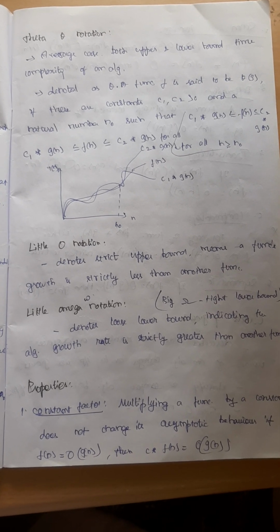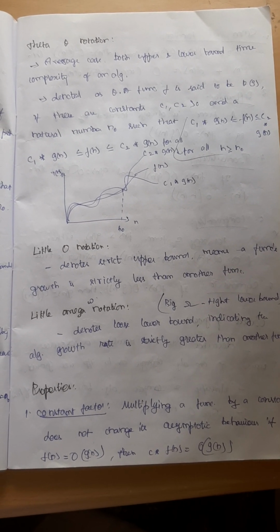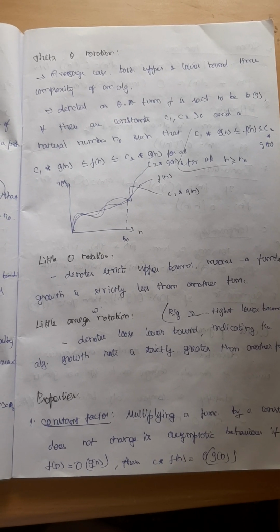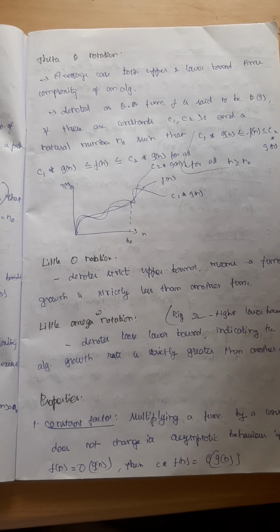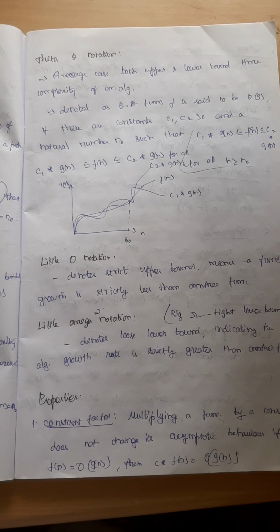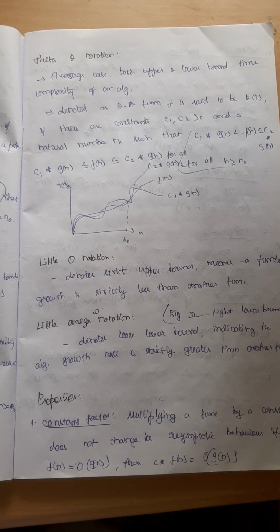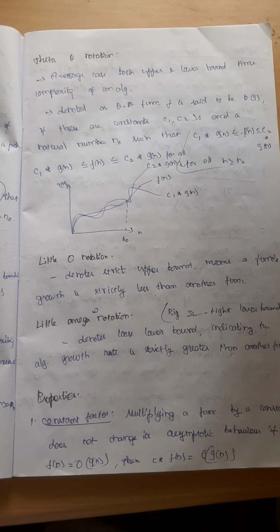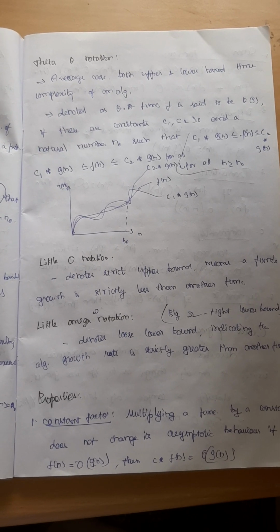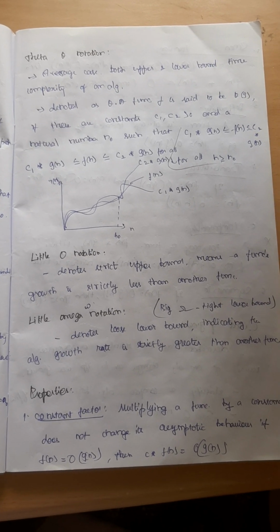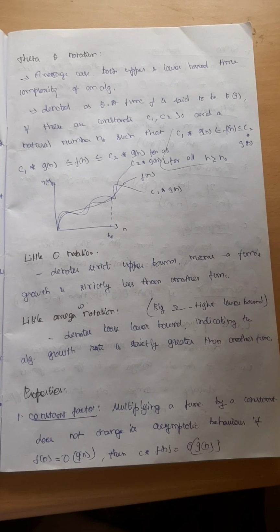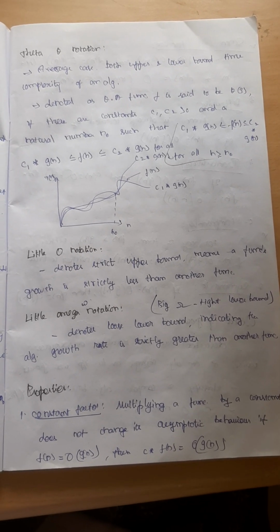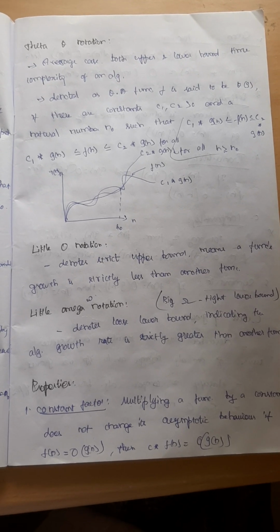A function f is said to be theta of g if there are constants c1, c2 greater than 0 and a natural number n naught, such that c1 star g of n is less than or equal to f of n is less than or equal to c2 star g of n for all n greater than or equal to n naught. And this is the diagrammatic representation of theta notation.